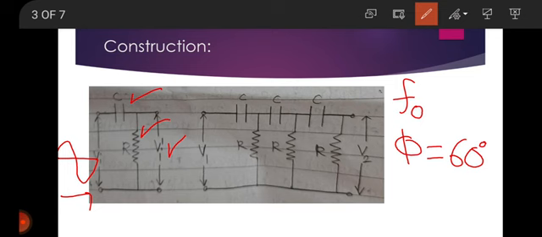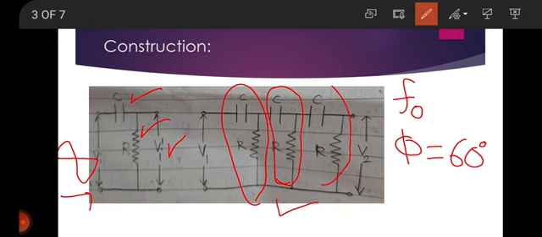Then figure 2 shows the three sections of the RC network. Each RC section produces a phase shift of 60 degrees. This RC section produces 60 degree phase shift, this produces 60 degree phase shift, and this is also 60 degree phase shift.